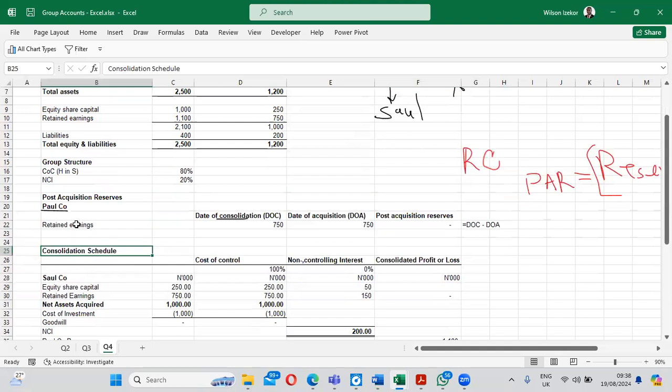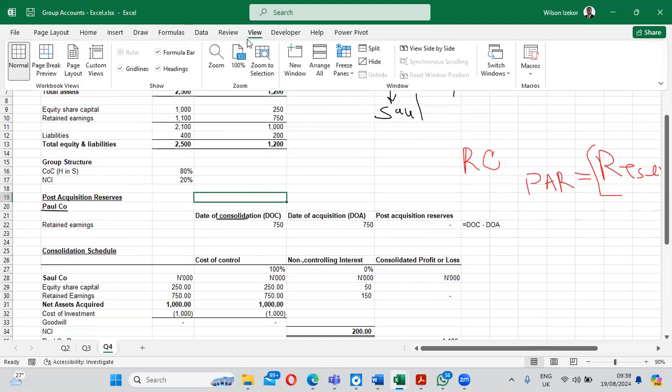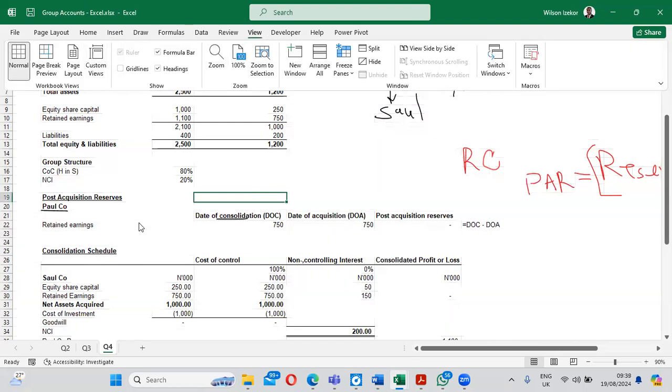All right. So the next thing is our consolidation schedule. Let me remove the green lines on it.